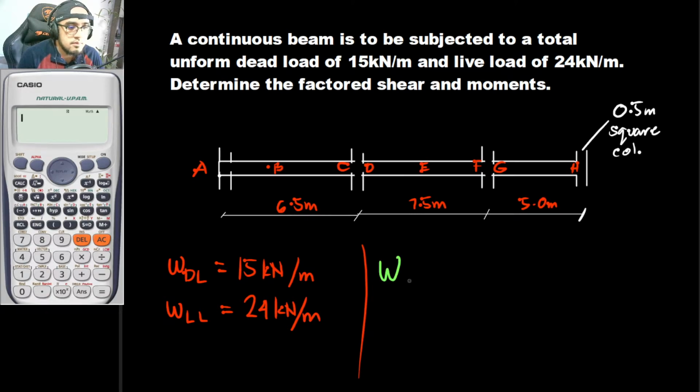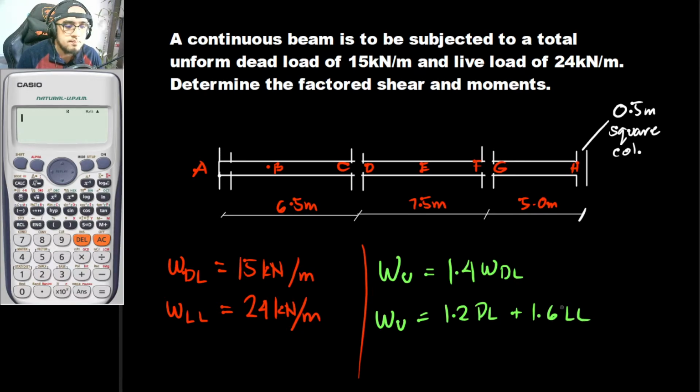For our WU or ultimate load, the first is 1.4 times dead load, and the second factored load is 1.2 dead load plus 1.6 live load. We will be solving for both of these and checking which one will govern. The higher the magnitude, the more critical it is, and the more critical it is, yun yung mag-govern.